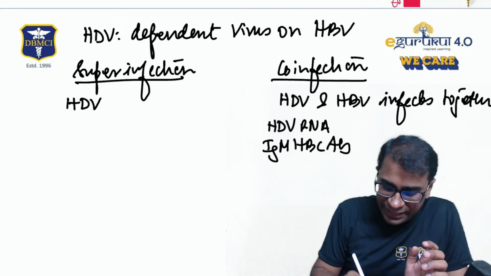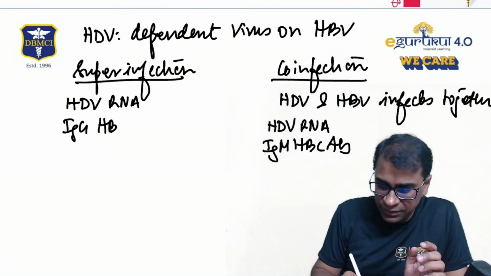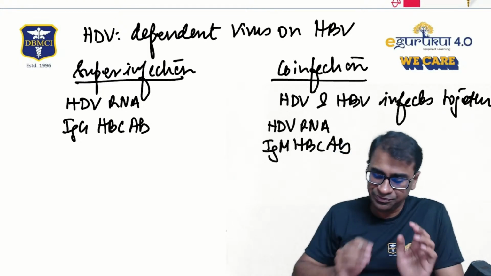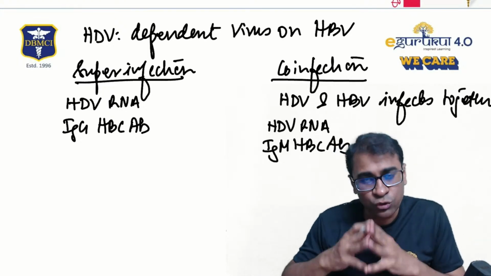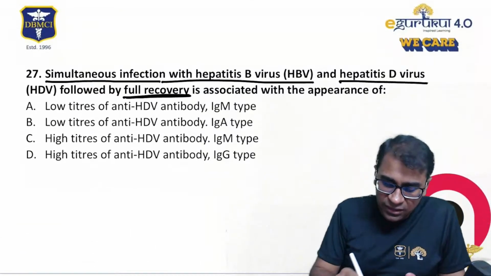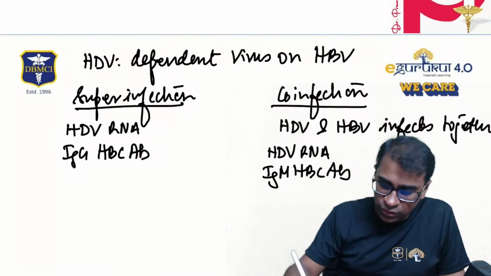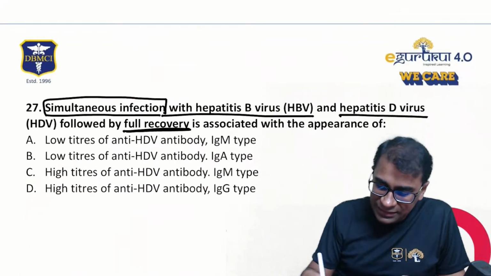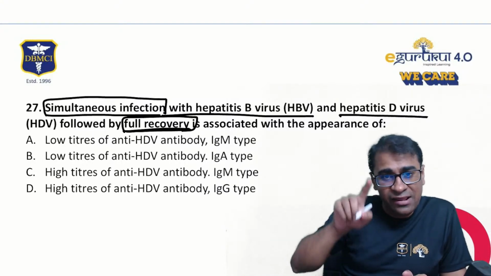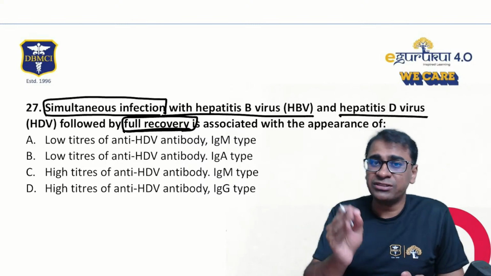However, if you get HDV RNA levels along with IgG type of HBc antibody, it's a superinfection. Now the question is not asking about superinfection; it is asking about simultaneous infection, meaning co-infection, and then there is full recovery.